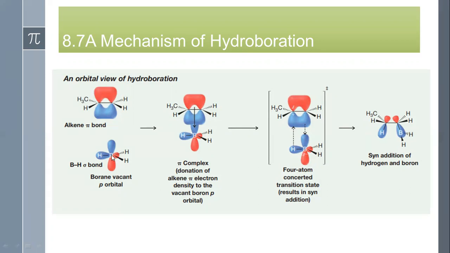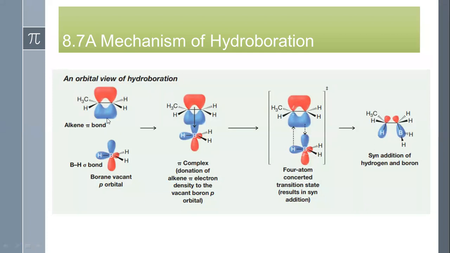And you look at the boron, it also utilizes the sp2 hybrid orbitals. And boron contains a vacant unhybridized p orbital, which means there is no electron that resides in this unhybridized p orbital. Of course your p orbital looks like two lobes. Once they are close to each other, they can form what you call a complex.